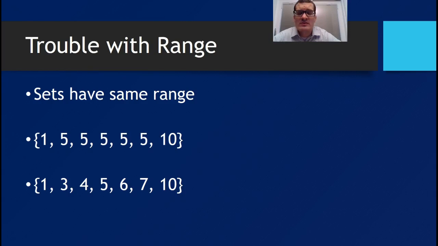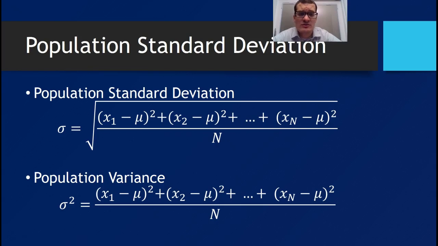And so we want to develop a tool for measurement that measures how spread out a set is, but that also encompasses every value, just like the mean encompasses every value when we deal with central tendency. And the tool we use there is called standard deviation.